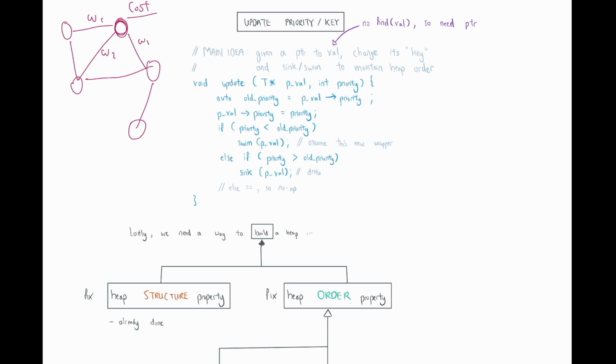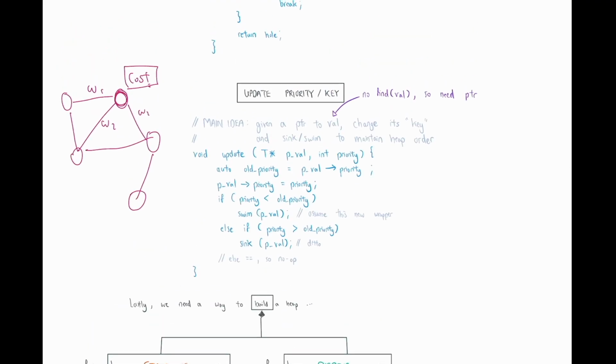So the cost will change, and once we change the cost, inside the tree where the nodes are residing to determine what order to process, we need to update where it resides in the heap.